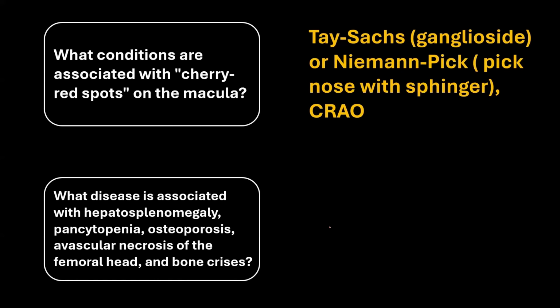Okay. Now, what disease is associated with hepatomegaly, pancytopenia, osteoporosis, avascular necrosis of the femoral head, and bone crises? It's not sickle cell disease, actually, but good thought. Any other guesses?